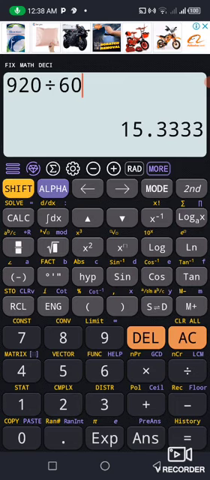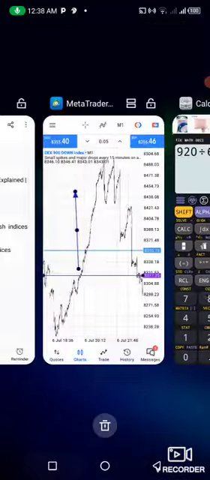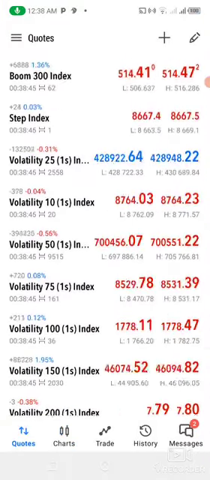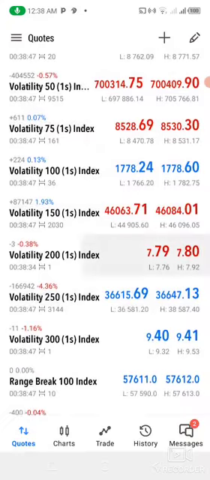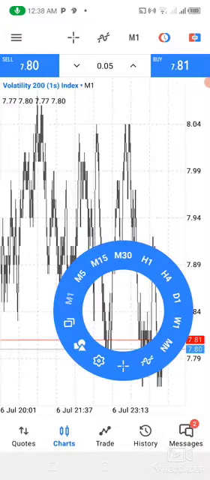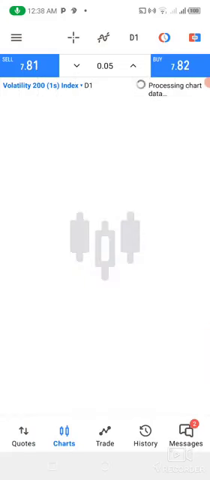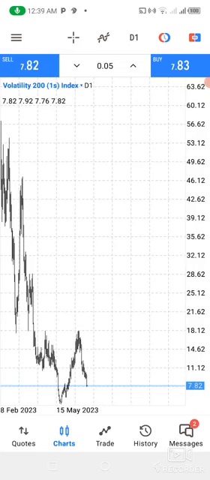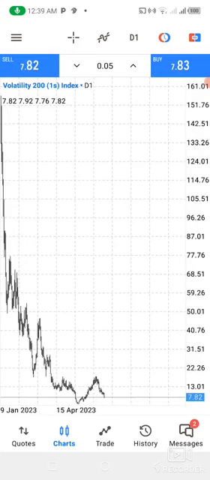Though most times there will be a kind of long-term unit direction in market movement. If we open this asset, for instance, Volatility 200 Index, in the long term, if you check a higher time frame, you discover that the market must have made a bigger move in one direction. That is not what I mean.